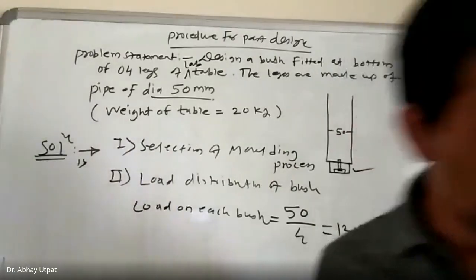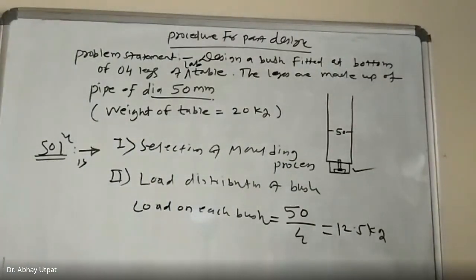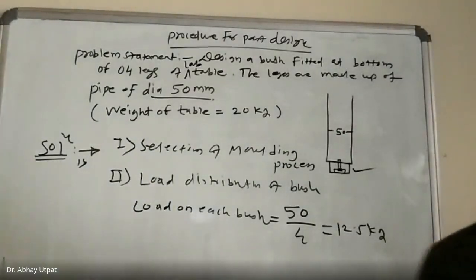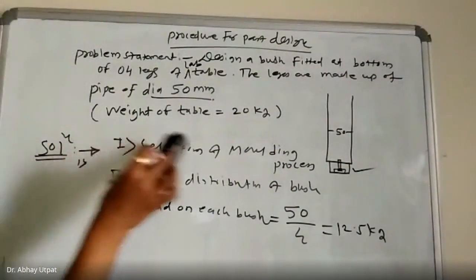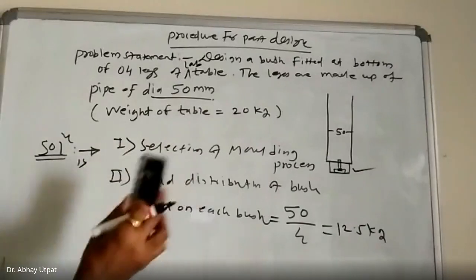Now the next step is important: approximate bush dimension and bush material. Step number 1, remember this. Step number 2, remember this.